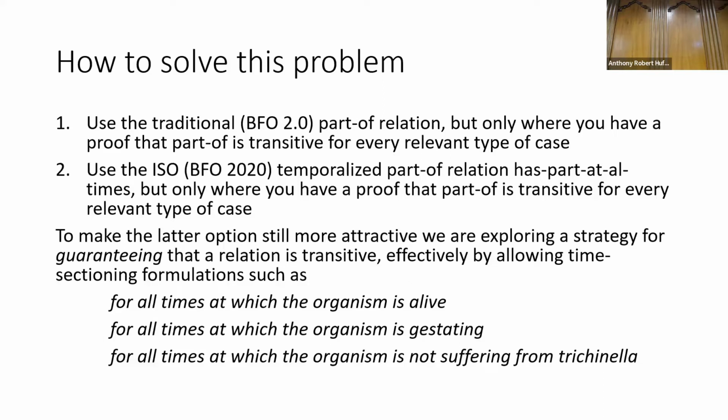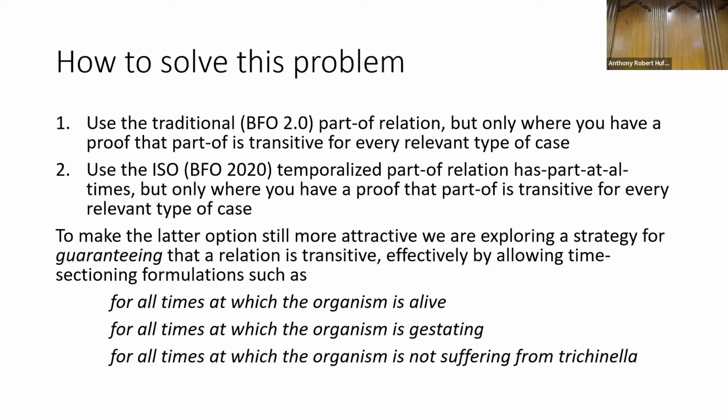But you have to check. When you're dealing with milk teeth, you may go wrong. The other alternative is that you get with the program, you use BFO with the temporalized relations, which is already worked out. But whenever you use part of, you always use the at all times part of, and you call it part of.